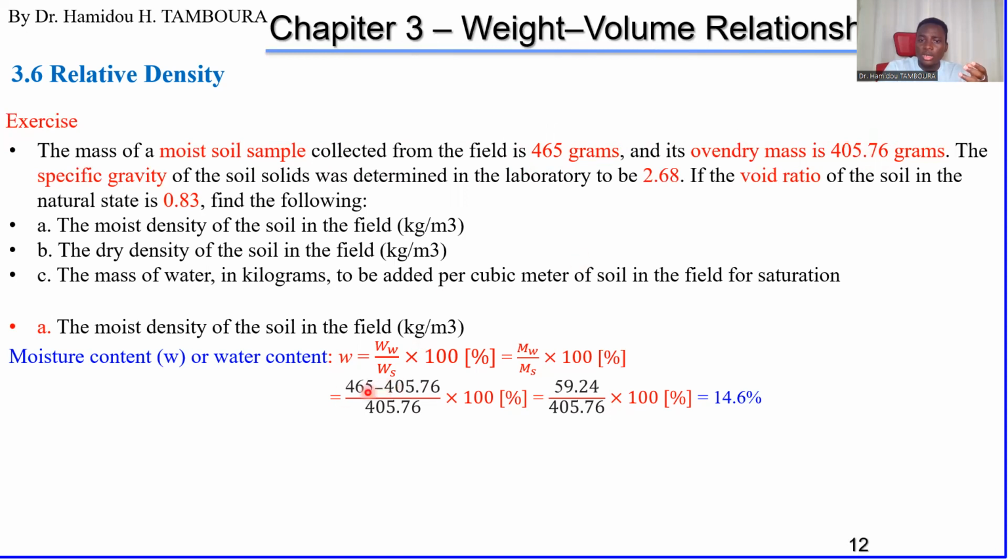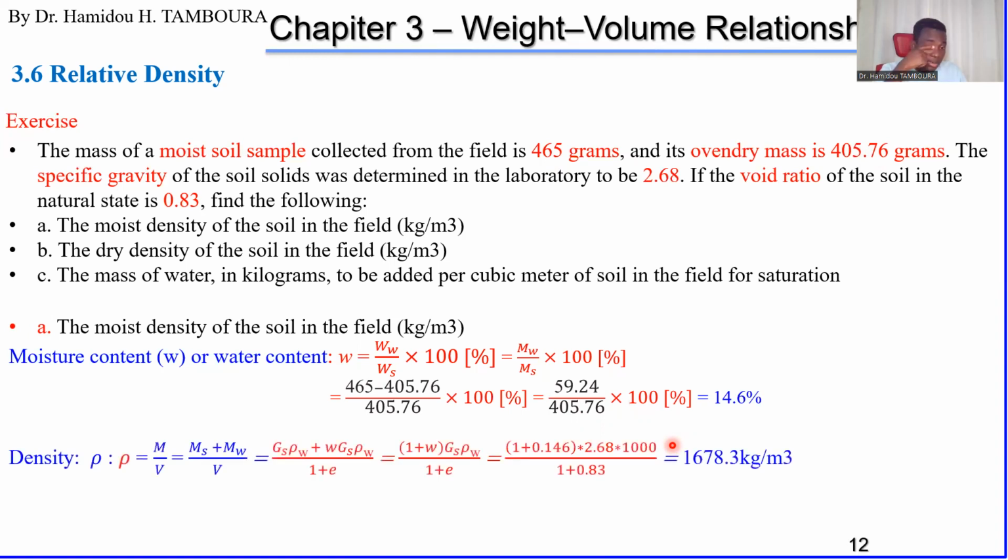This is what we did here. And mass of water divided by mass of soil solid particles, which is here, we can obtain the water content. So here we have 14.6%.